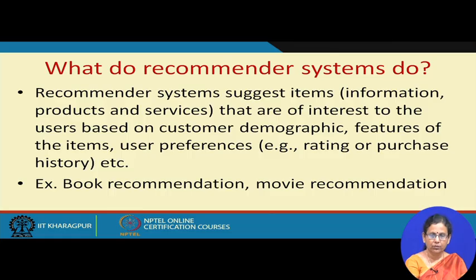So, there are news recommender systems. So, recommender systems suggest items, that is information, products or services that are of interest to the user based on the customer's demographics, features of the item, user preference, that is rating provided for the product, and so on.